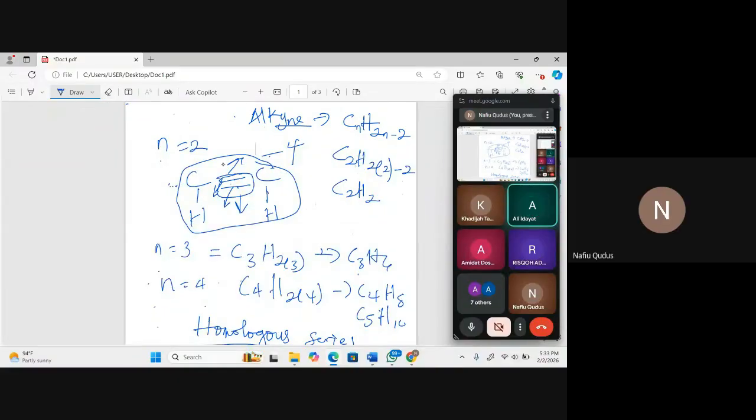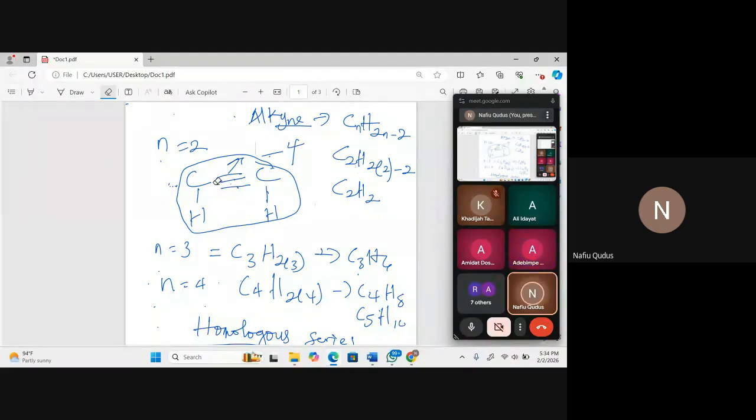For these 2 bonds, we have 4 electrons inside. That shows that the hydrogen lost from alkane to alkyne is due to the addition of these pi bonds. Are we together?